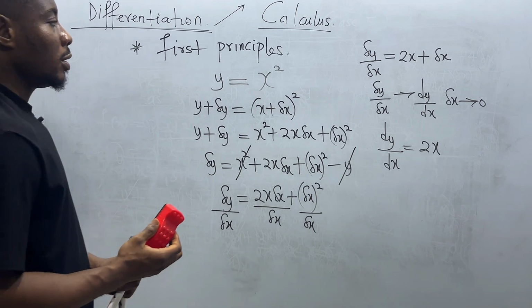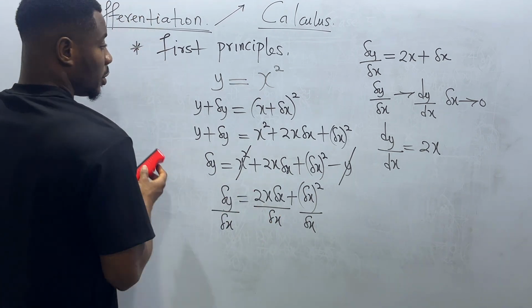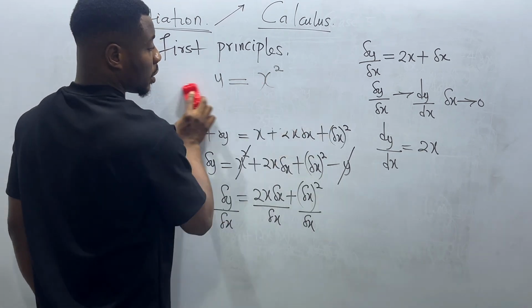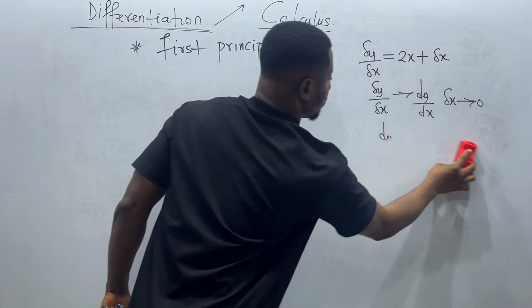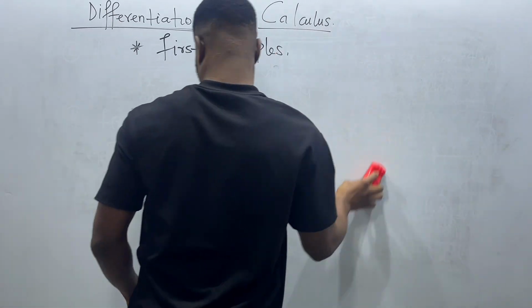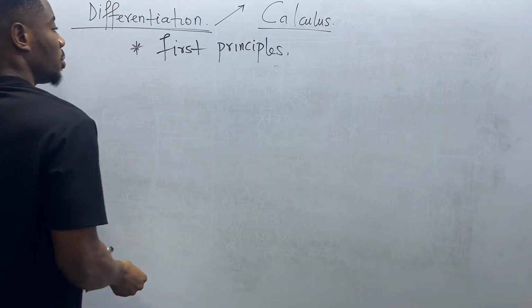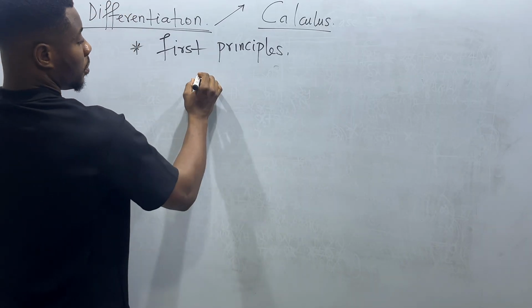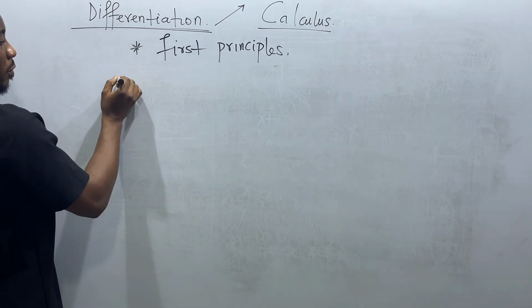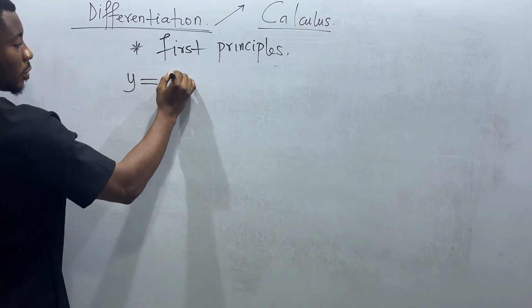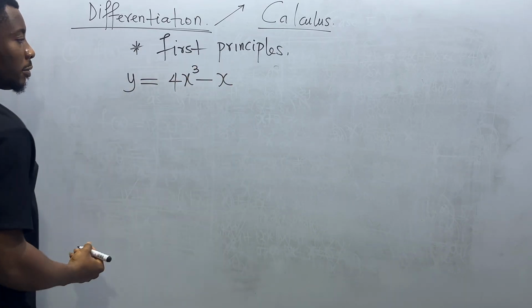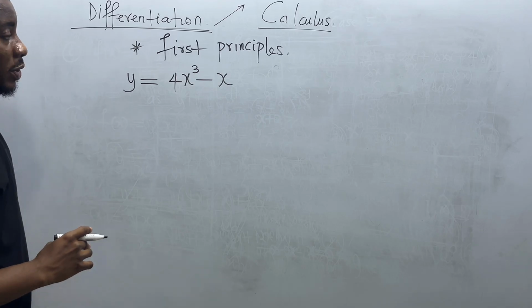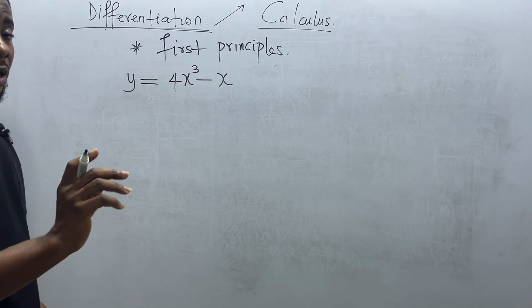So this is it. Now we're going to make the question a little bit more difficult. Here the question says that y is equal to 4x cubed minus x. So we'll do the same thing as usual.